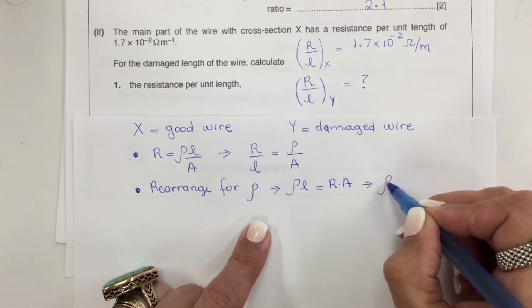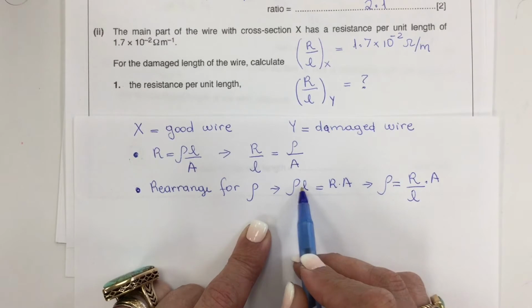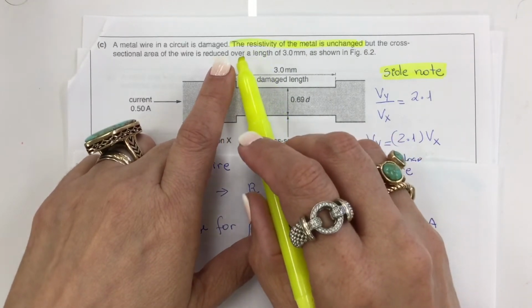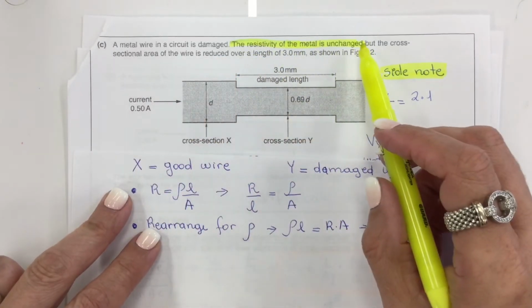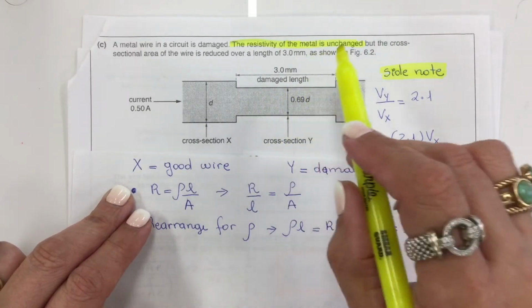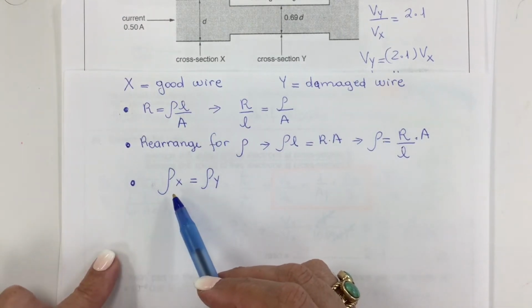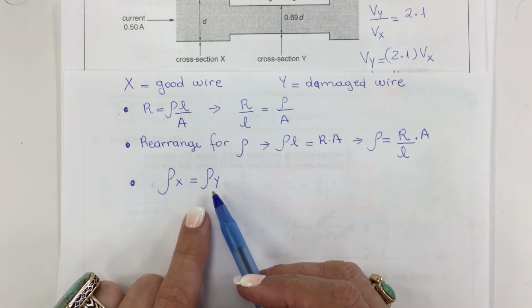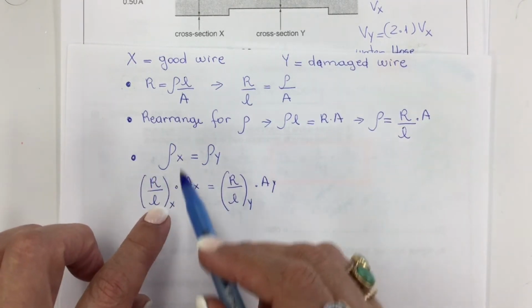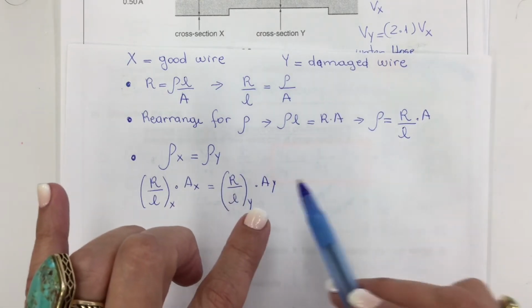So then my resistivity is R over L times A. The head of this problem states that the resistivity of the metal is unchanged, even though the cross-sectional area has reduced, so the resistivity is the same for both sections, which means that the resistivity for section X is equal to the resistivity of section Y. So doing my substitution right here, R over L on X times AX is equal to R over L on Y times AY.